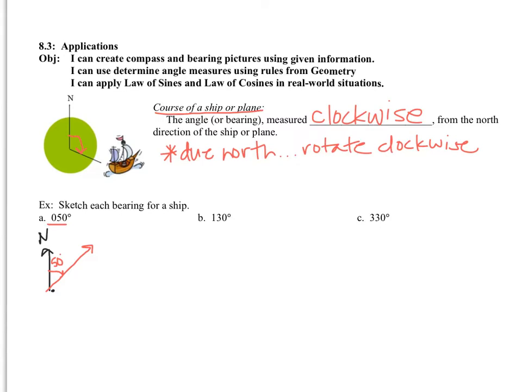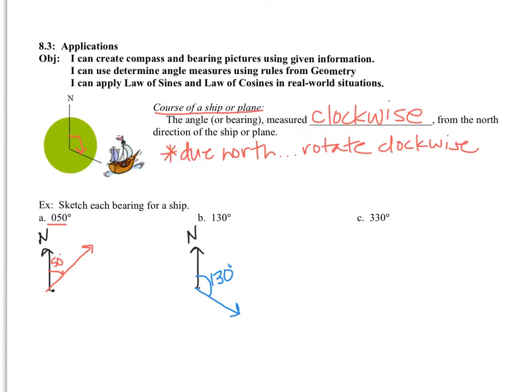The next one is 130, so that's obviously greater than 50. We start with our due north location. Now 130 is greater than 90, so we have to go beyond that maybe east direction and head a little bit further. 130, if we go about here, there's about 90 degrees. We need to go about 40 more, so maybe somewhere down in that direction. There's a 130-degree bearing.